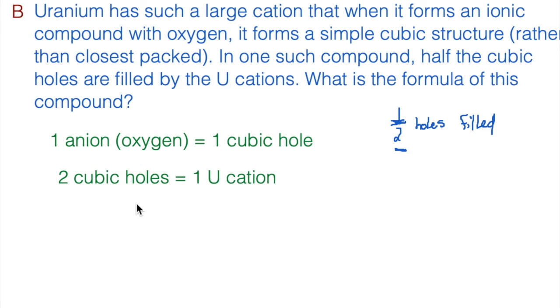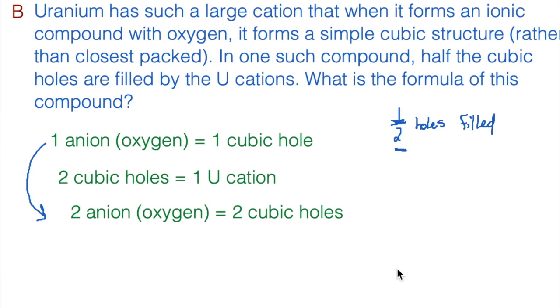So we don't have an exact match like we did in the previous one, where we could just say A equals B and B equals C, so A equals C. What we have to do first is double this first line here. So if there's 1 anion for every 1 cubic hole, then it follows that there's 2 anions for every 2 cubic holes.